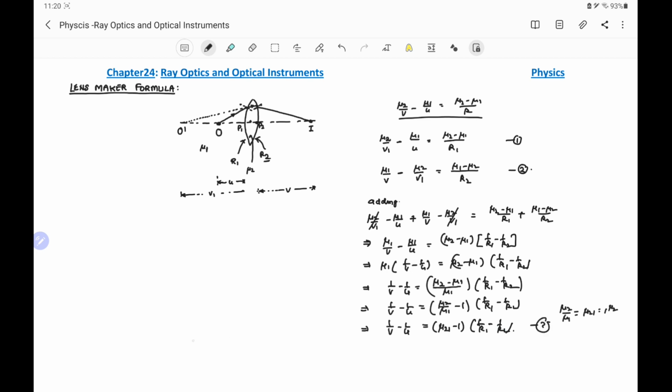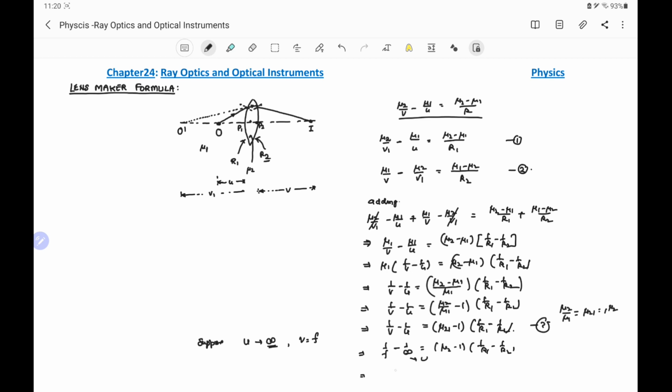Now suppose u is infinity, that means object O is at infinity, so the image formed by the lens will be at the focus, so v will be equal to f. This implies 1 by f minus 1 by infinity equals mu21 minus 1 into 1 by r1 minus 1 by r2, and 1 by infinity is 0.